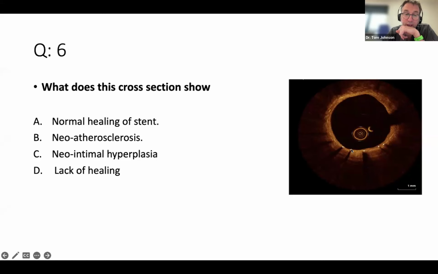So I think the most likely answer would be A, normal healing of stent, which certainly 40% of you went for, but you can argue the others by virtue of how you interpret the imaging. This isn't about right or wrong answers. The purpose of doing this, and it's really important, is to see how different people look at the images and how you interpret them.